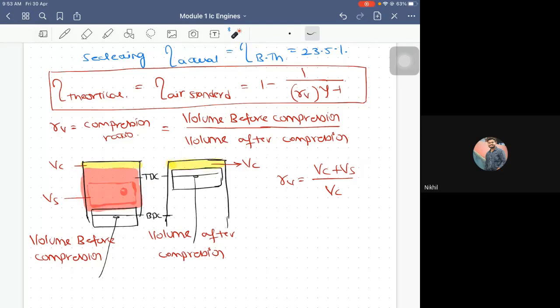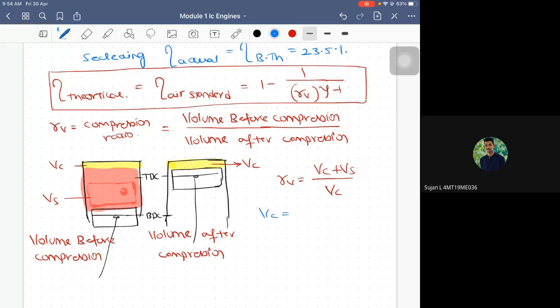Now, I should calculate what is VC and what is VS, correct? VC is being given in the problem, I guess, right? Is the value of VC given? Yes, sir.